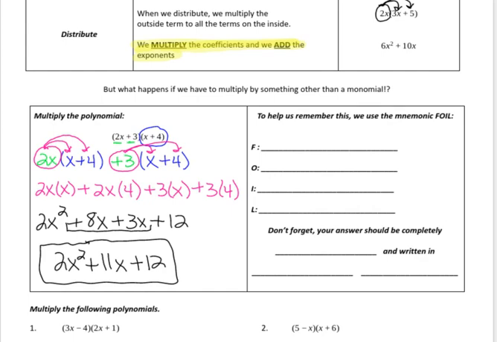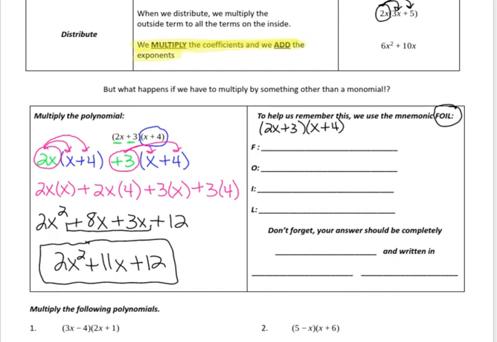All right, now we're going to do the same thing, but I'm just going to call it something a little different now to talk to you about this mnemonic FOIL. So we're still going to multiply this polynomial, this 2x plus 3 times x plus 4. But now we're just going to organize our work a little differently.